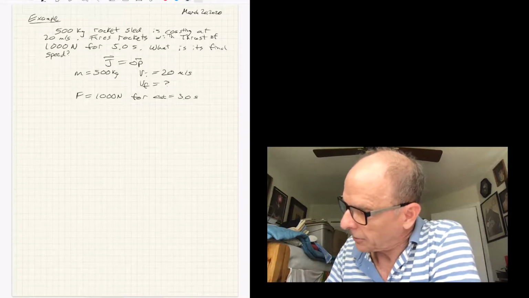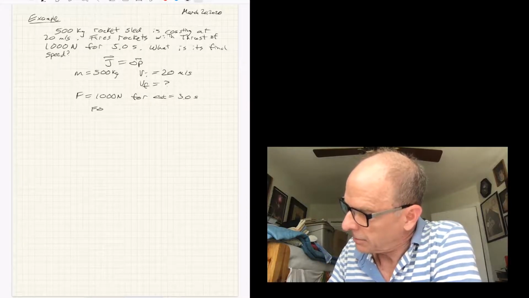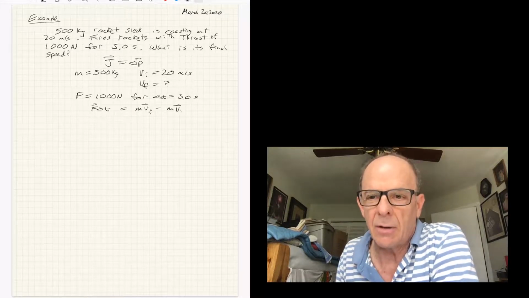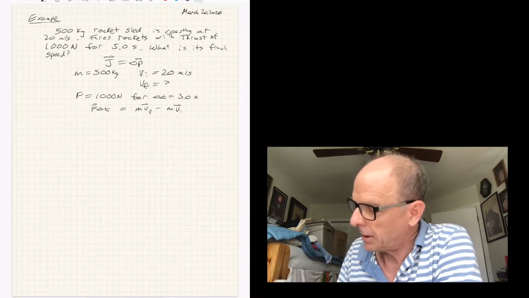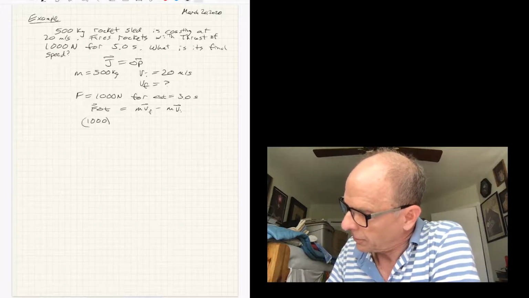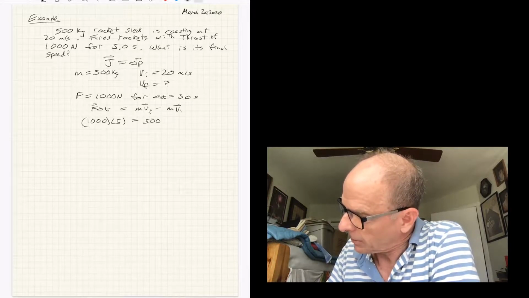So the impulse is F delta t is m vf minus m vi. Again, that's just the change in the momentum of this one particular object. We can put our values in. 1,000 newtons times 5 seconds equals 500 times Vf minus 500 times 20.